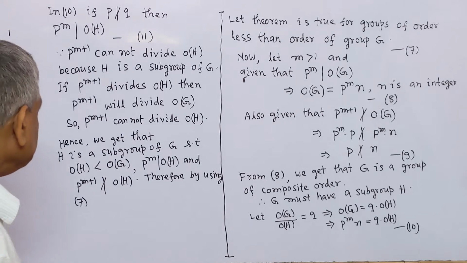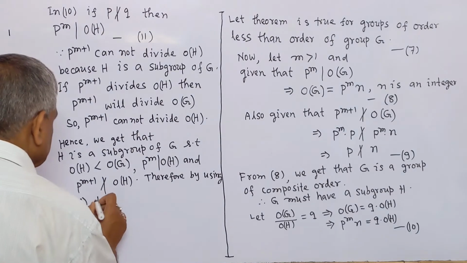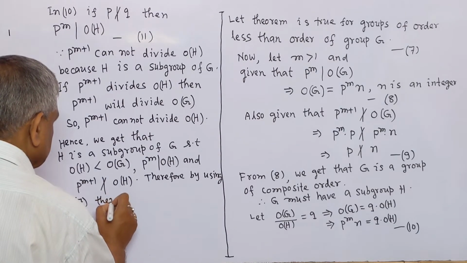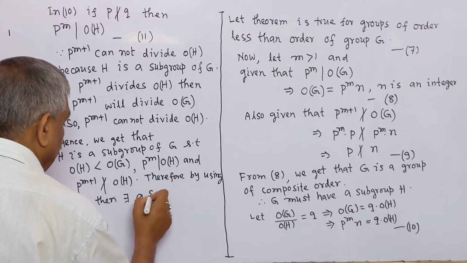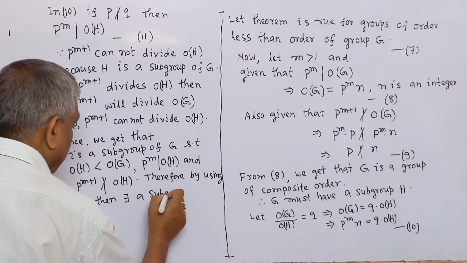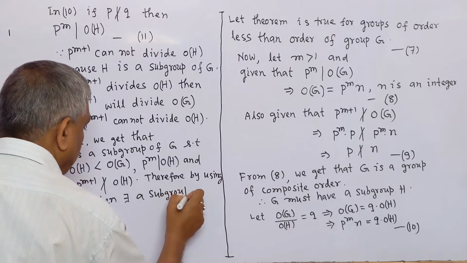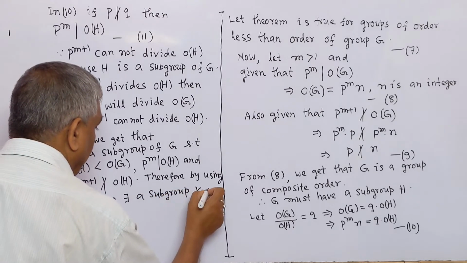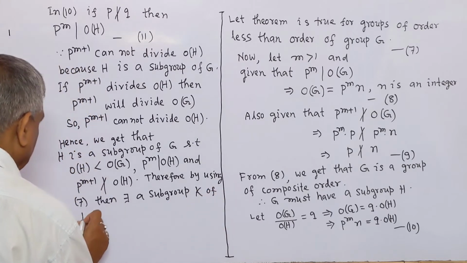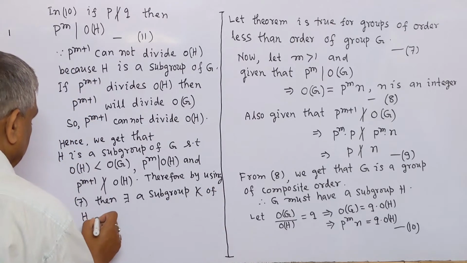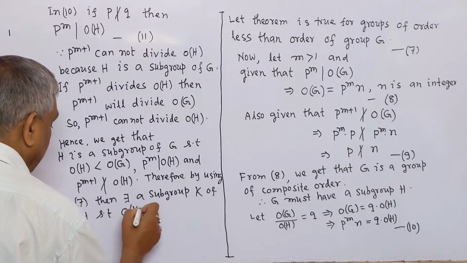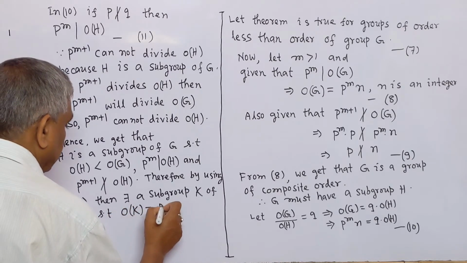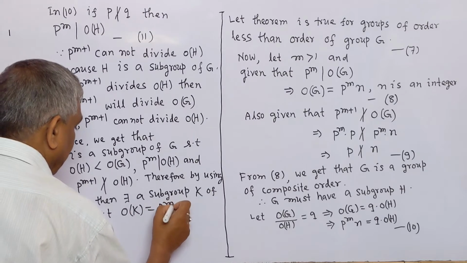then there exists a subgroup K of H such that order of K equals P to the power m.